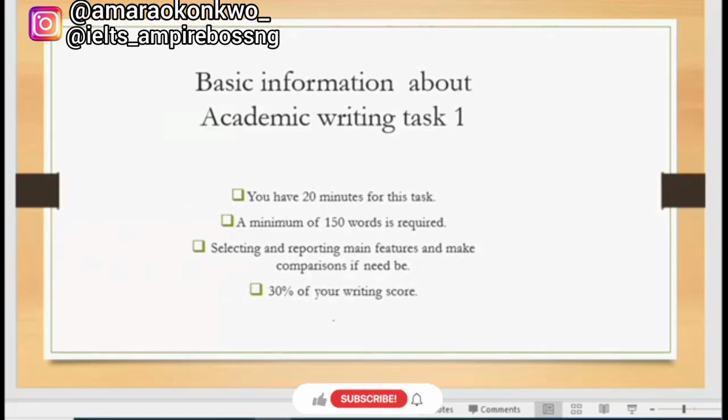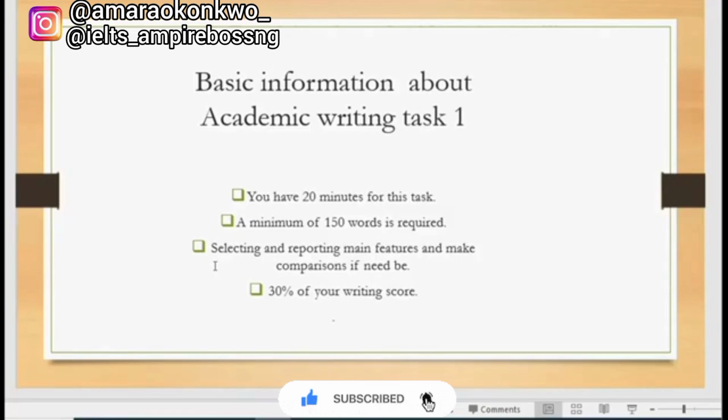Now, basic information about the academic writing task 1. You basically have 20 minutes for this task, and you are required to write a minimum of 150 words. You'll be given an instruction to select and report the main features on a diagram.